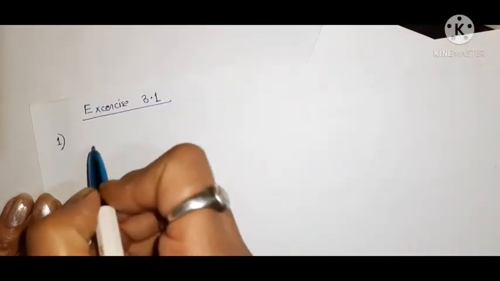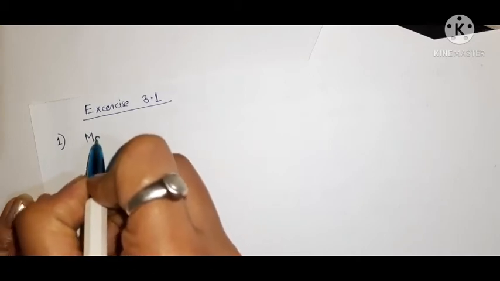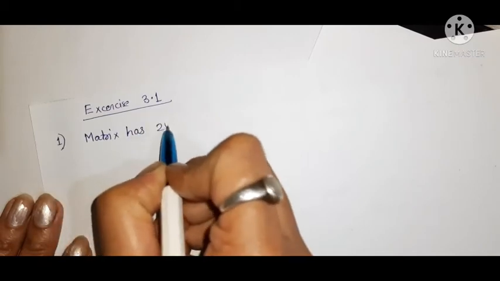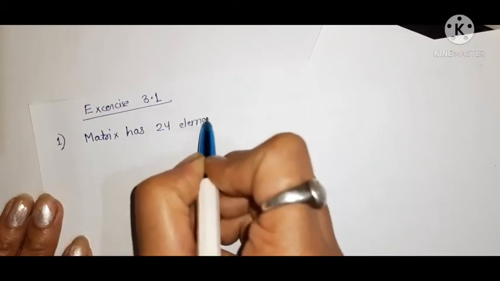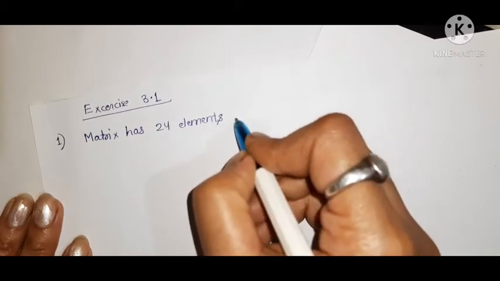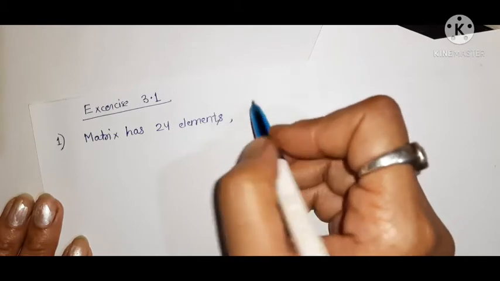Question number 2. If a matrix has 24 elements, then what are the possible orders it can have?